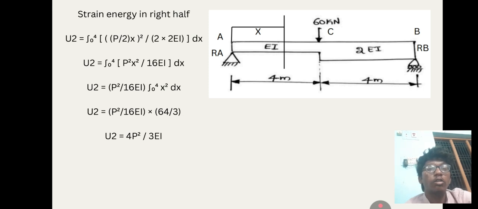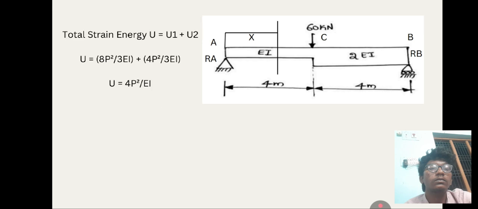U2 equals P square by 16EI into integral from 0 to 4 of x square dx, which is P square by 16EI into 64 by 3. U2 equals 4P square by 3EI. By adding both strain energy values, the total strain energy is 8P square by 3EI plus 4P square by 3EI, which is 4P square by EI.